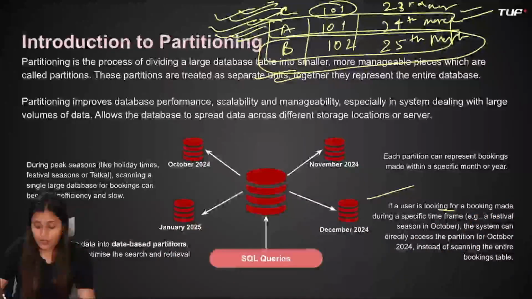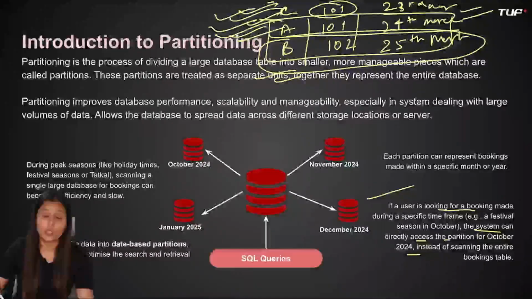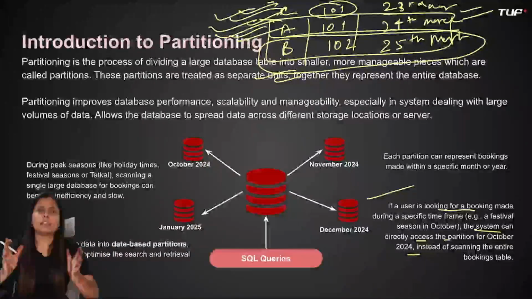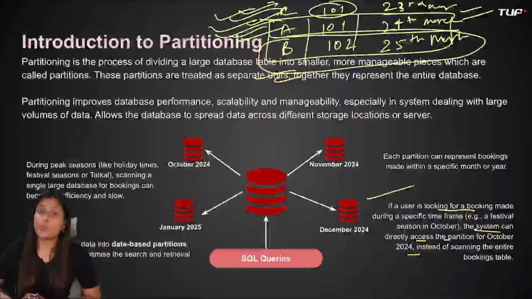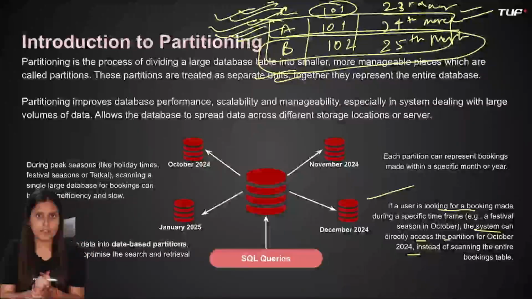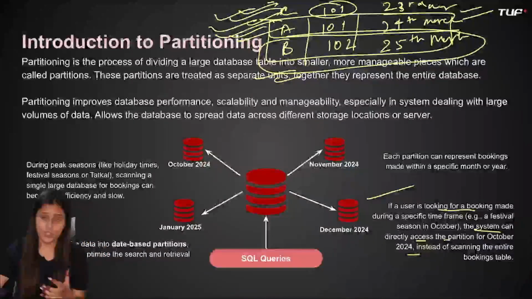If a user is looking for a booking made during a specific time frame like a festival, the system can directly access the partition for October. Let's suppose you have done the partitioning on a monthly basis. So you have all the data stored based on the month, for January, February, March, and so on.